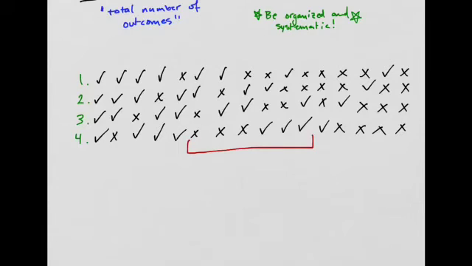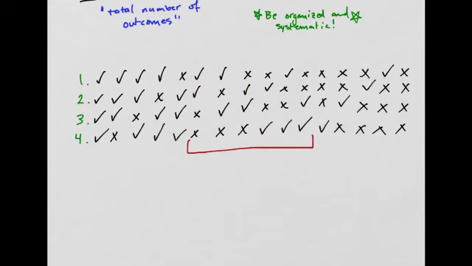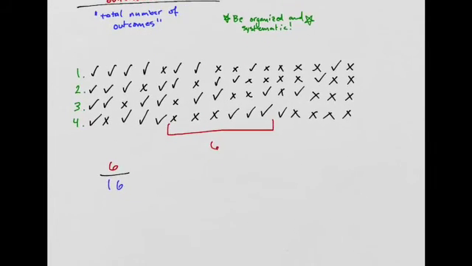How many is that? 1, 2, 3, 4, 5, 6. There are 6 different ways where the student could get exactly 2 correct. And then that's divided by the total number of outcomes, which I just count: 1, 2, 3, up to 16. There are 16 total ways the student could answer this test.